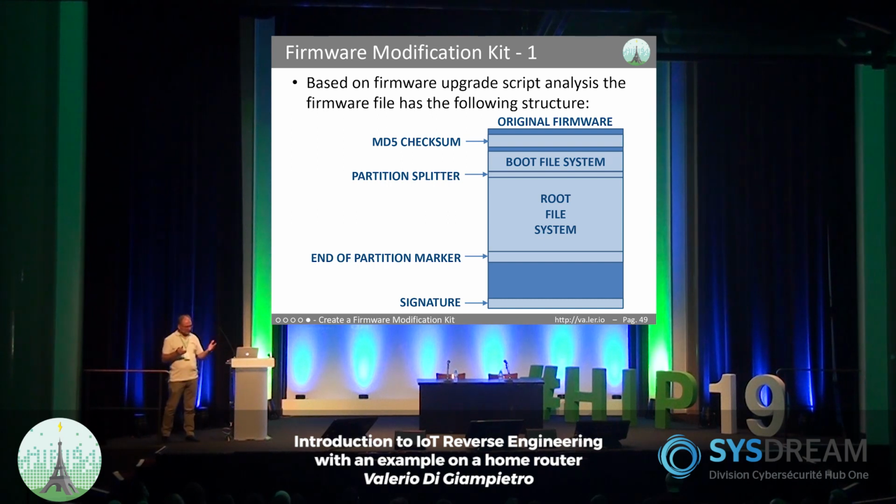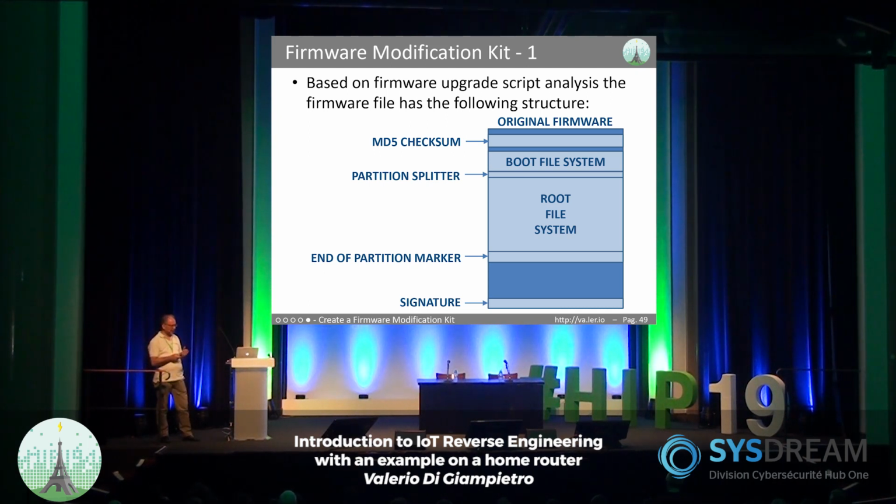So basically, based on analysis of the firmware upgrade script, we can understand that the firmware file has the following structure. We have an MD5 checksum, the boot file system, a partition splitter, the root file system, and then the partition marker, and at the end the signature. So our idea is to modify only the root file system.